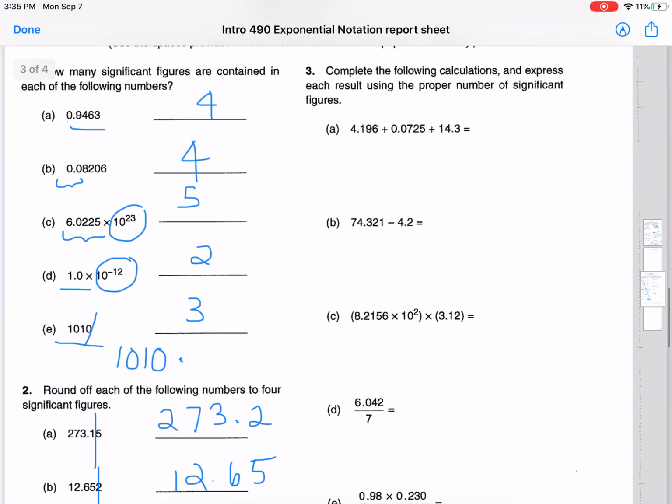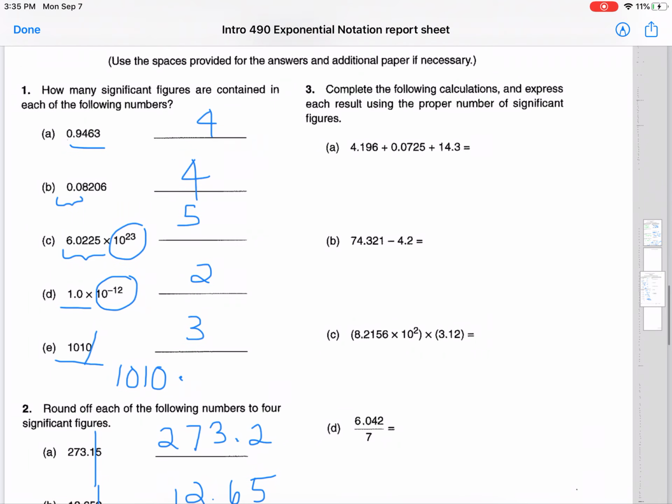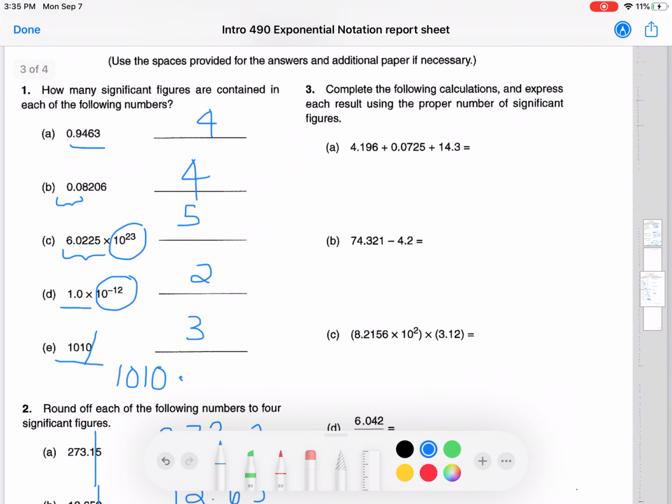Now we have addition and subtraction. For addition and subtraction, the rule is that you go by the least number of decimal places for the final sum. Here you have 3 decimal places, here you have 4 decimal places, here you have 1 decimal place. So your answer has to be in only 1 decimal place after you add the 3 numbers.